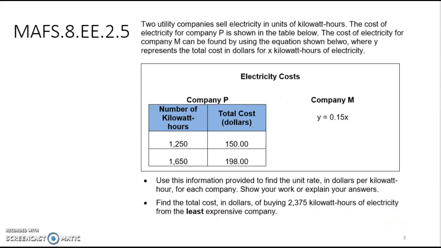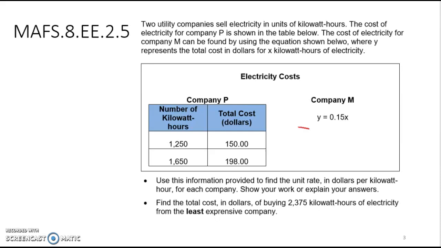So 2 utility companies sell electricity in units of kilowatt hours. The cost of electricity for company P is shown in the table. The cost of electricity for company M can be found by using the equation shown below, where Y represents the total cost in dollars for X kilowatt hours of electricity.